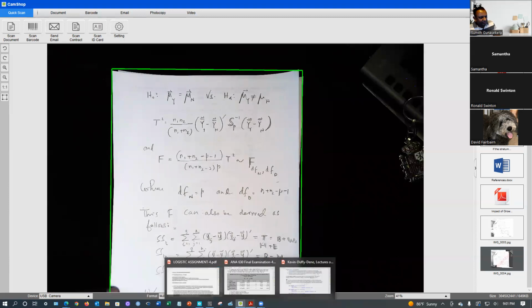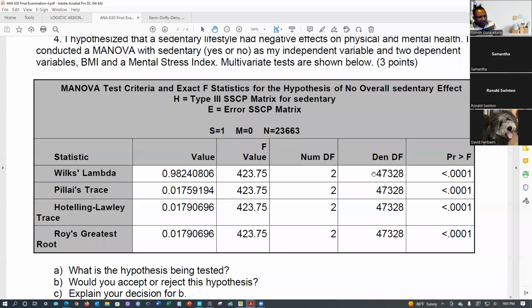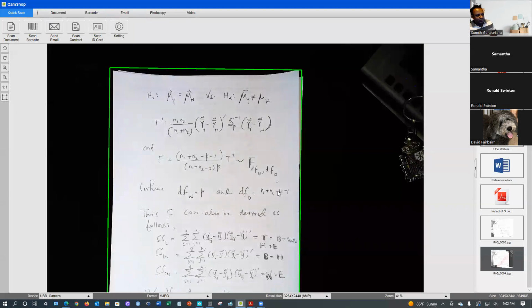So let's add 3 and see how many. 47,331 entries. This is 47,331 minus 2 for P. That's a total.